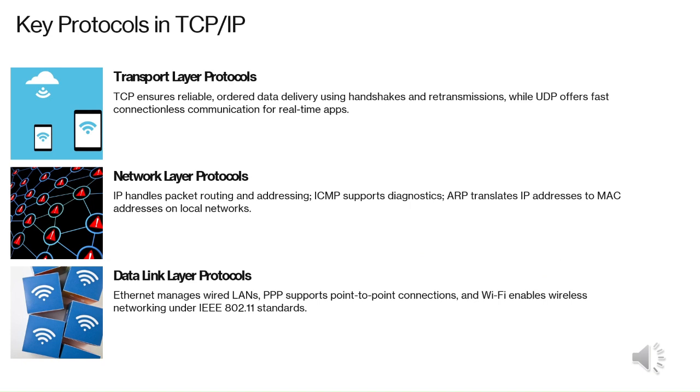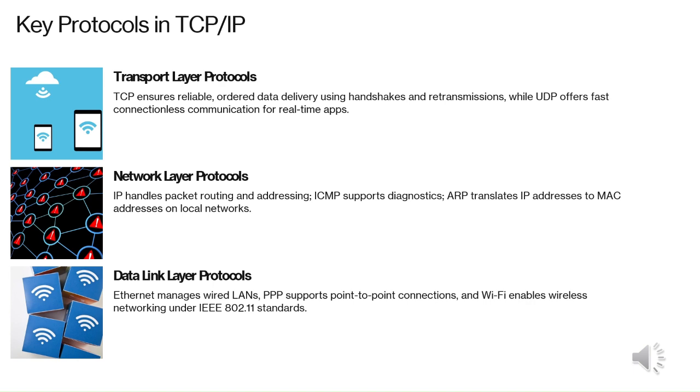Now we are going to talk about key protocols in TCP/IP. There are 3 groups of protocols: transport layer protocols, network layer protocols, and data link protocols. Let's look at the most important protocols in each layer. In the transport layer, TCP is the reliable one. It makes sure every packet arrives in order, like registered mail.